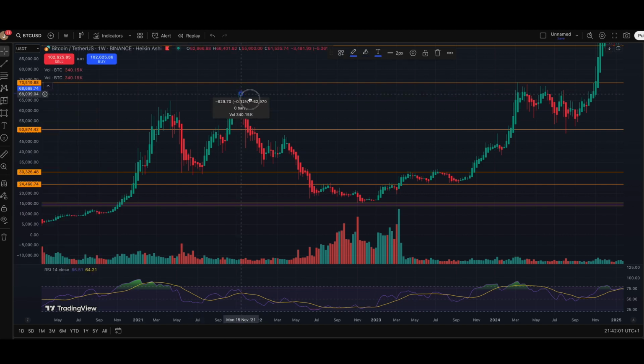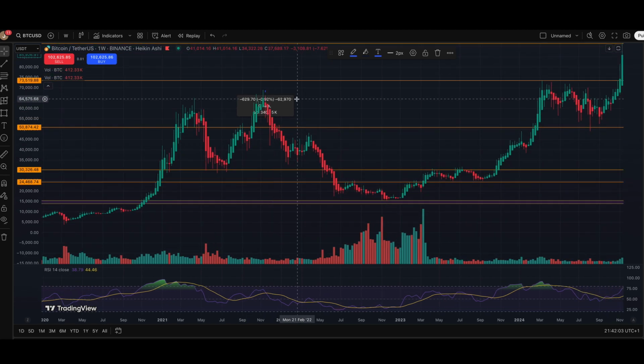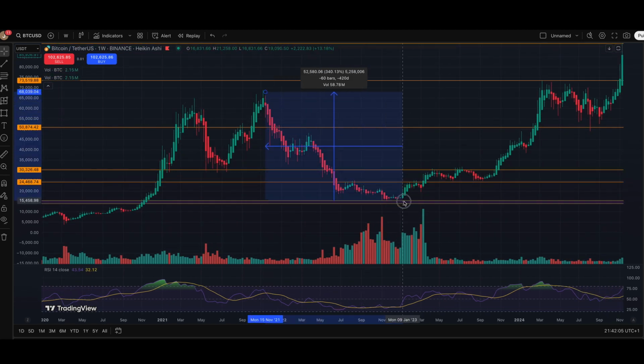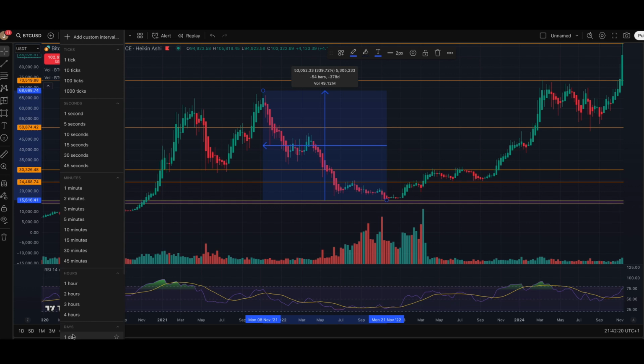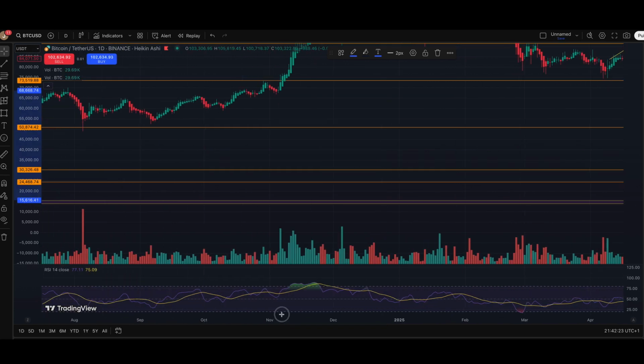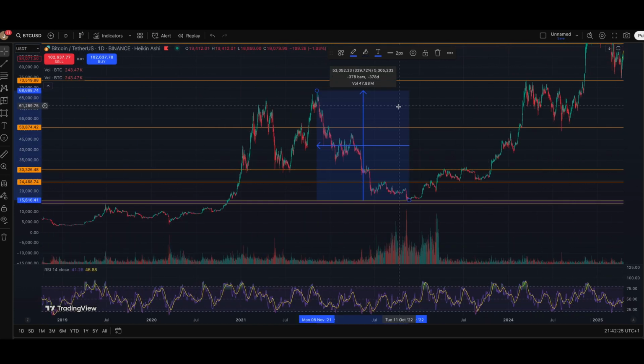Just quickly expand that down, and it hit that. Let's change to the day candles, sorry, just for a bit more accuracy.